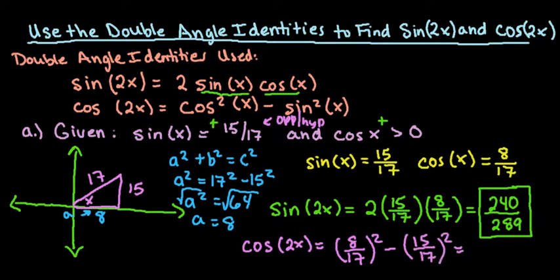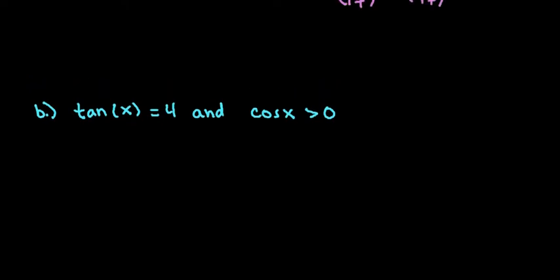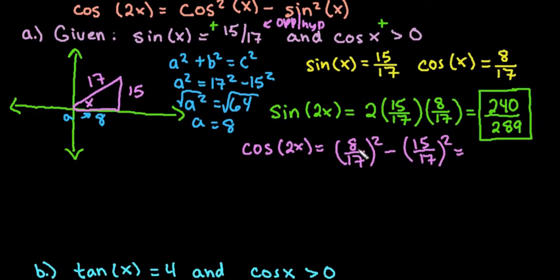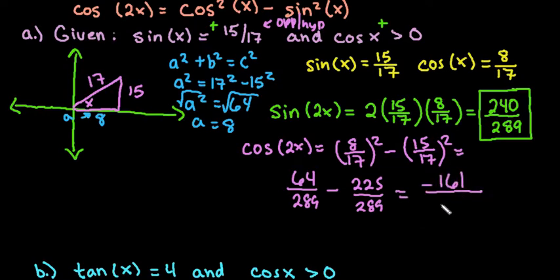And we would simplify our values. If we square this, we would end up with 64 over 289 minus 225 over 289. And since the second one is larger, we do end up with a negative value. So we would end up with negative 161 over 289.